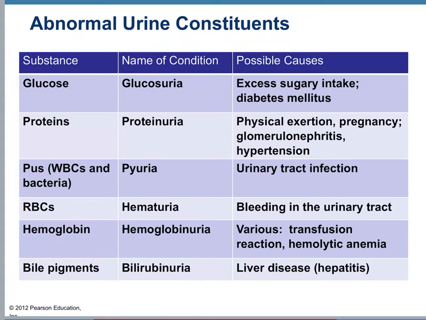Hemoglobin could be various reasons, could be you're having a reaction to a blood transfusion you recently got, or could be anemia. And if you have bile, probably liver disease, most likely some sort of hepatitis, which are not all chronic. Some hepatitis you can get and then cure with drugs and treatments.